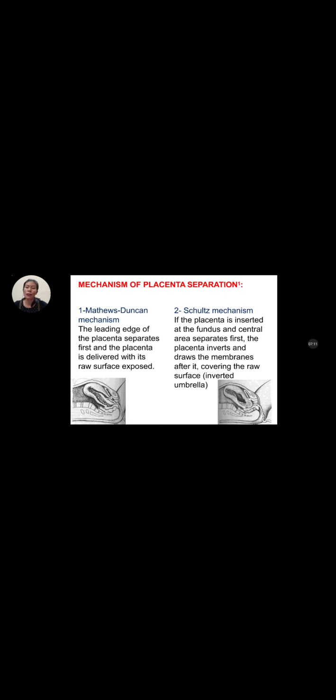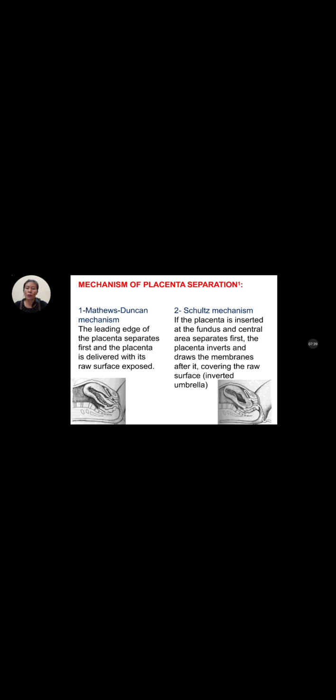Then in Schultze's mechanism, if the placenta is inserted at the fundus and the central area separates first, the placenta is like an umbrella. If the separation is at the central part, we can imagine it like an inverted umbrella. So the placenta inverts and then draws the membrane after it, covering the raw surfaces.